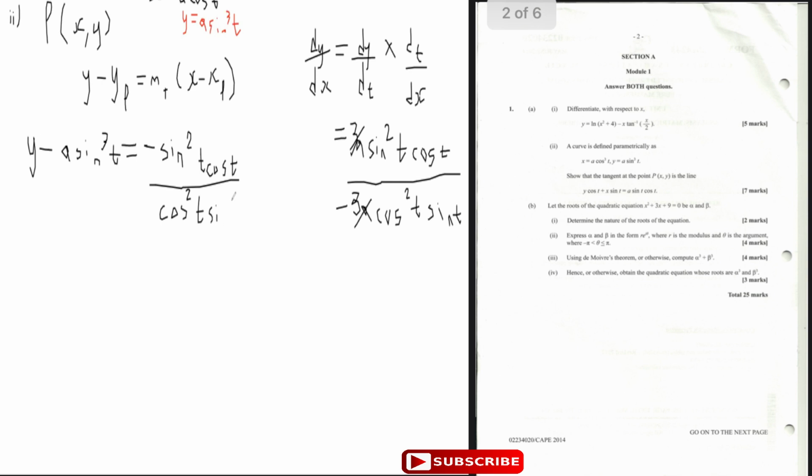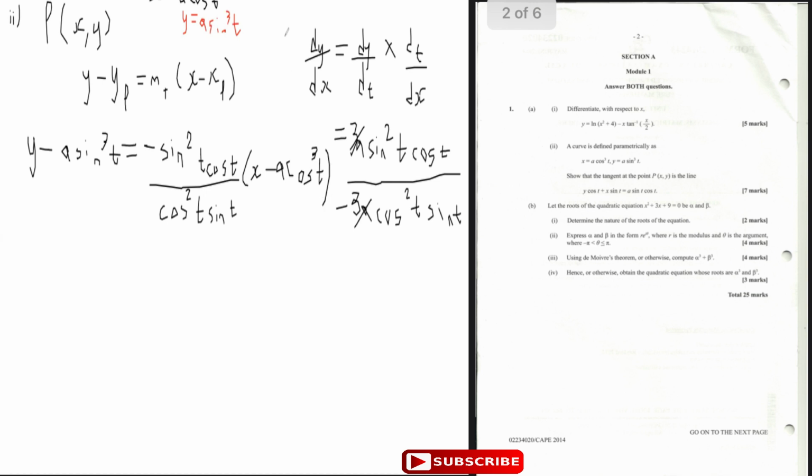And then that is going to be multiplied by x minus xp, which is x minus a cos cube t. So this is the equation of the tangent.